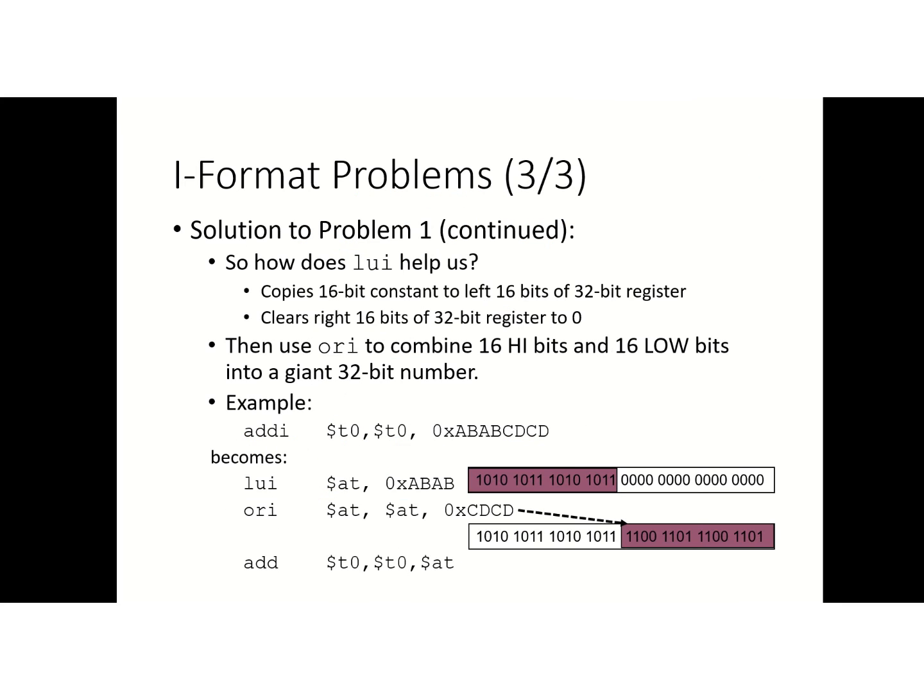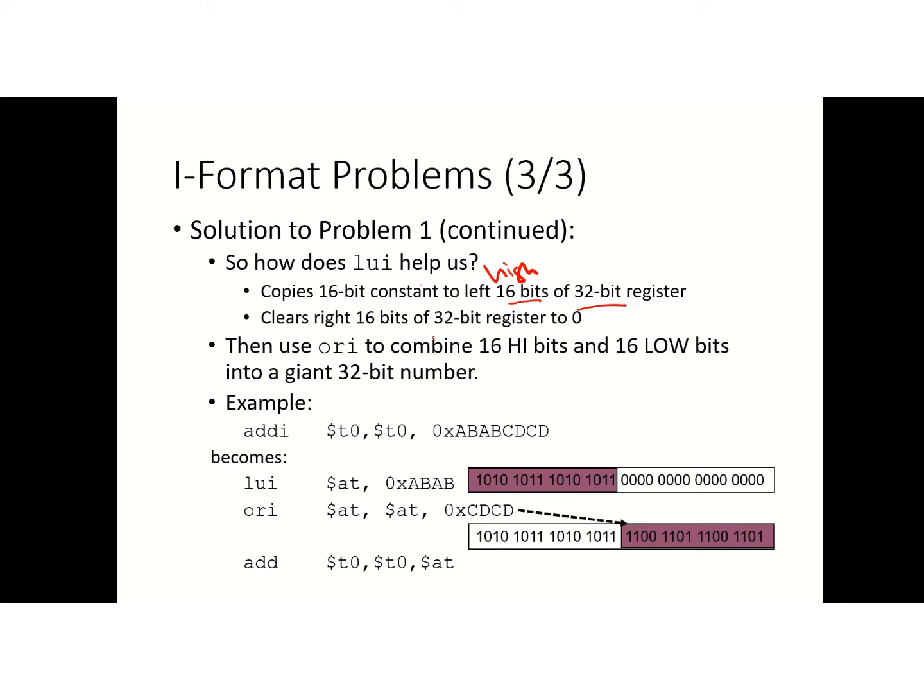Now, how does the load upper immediate help us? It copies the 16-bit constant to the left 16 bits of the 32-bit register. In this case, the high order side.